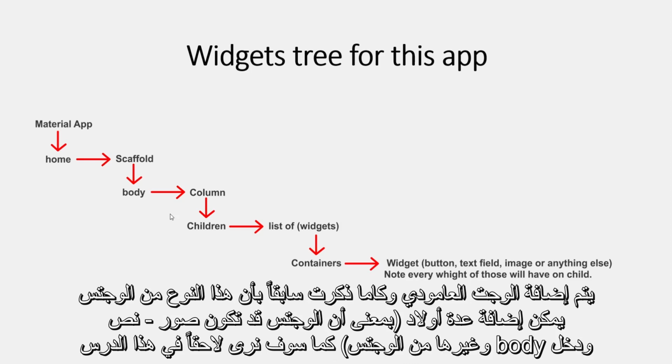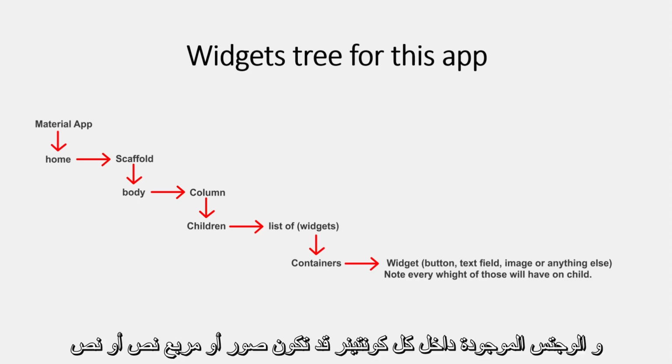Then inside the body we have the column widget. Then inside the column we have children. So we will have a list of widgets. We will see it later in this video. And the widgets inside the containers could be buttons, text fields, images, or anything else.